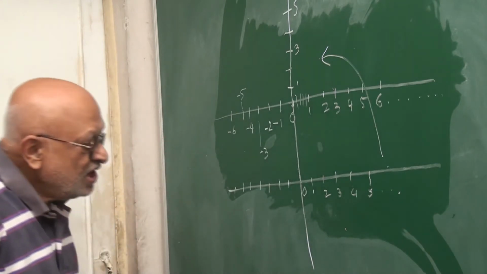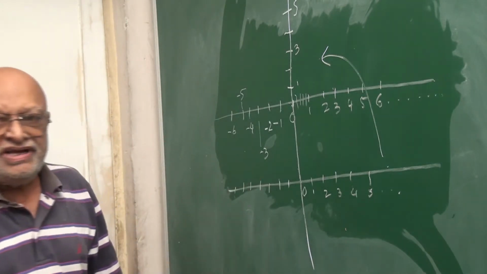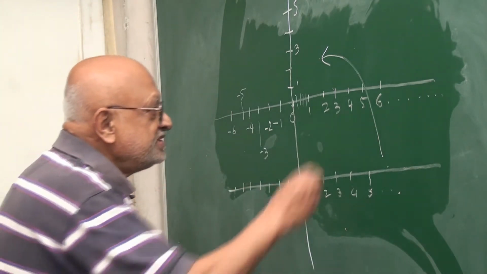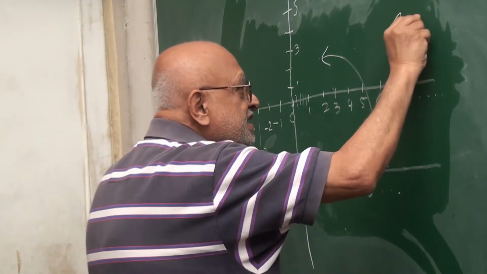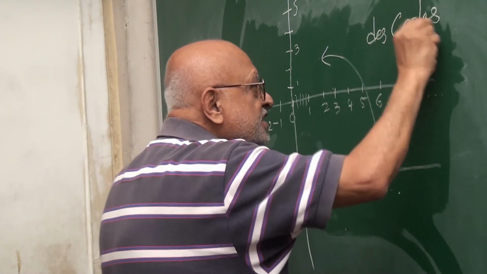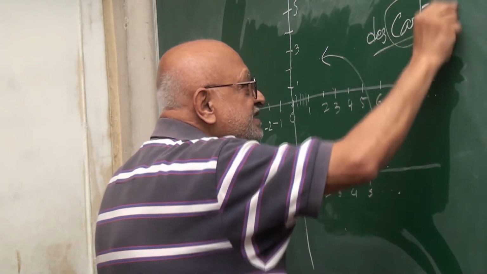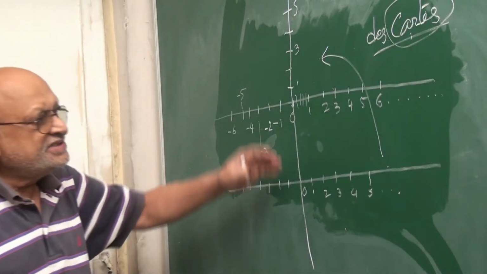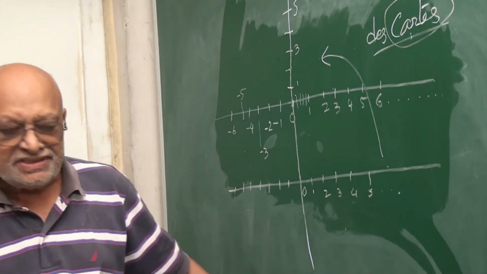And this is called, in his name, the Cartesian coordinate system. His name was Descartes. So from there it is known as the Cartesian coordinate, and this is called a coordinate system of representation.